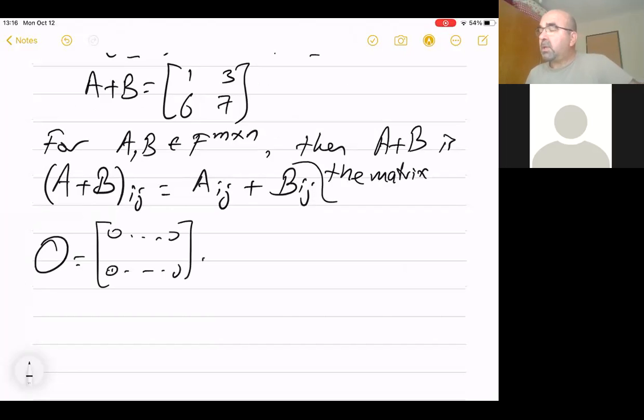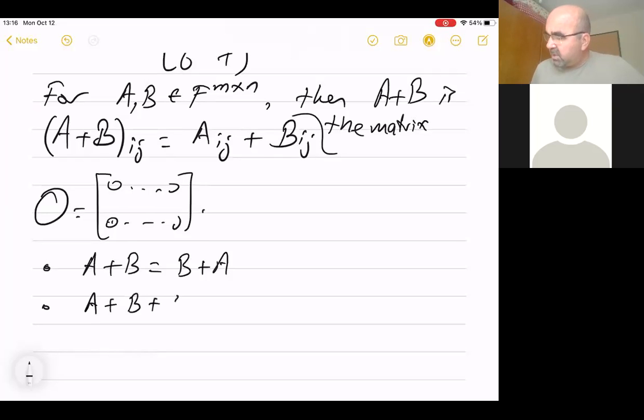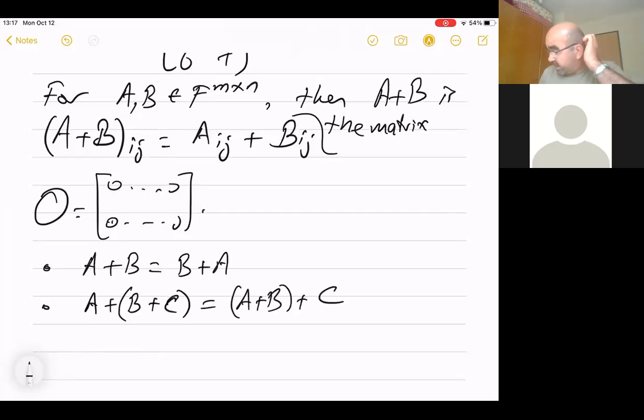If you add, you can check these properties. A plus B is the same thing as B plus A, so it is commutative. The reason is that our field is always commutative. When you are adding 3 matrices, we know how to add 2 of them, but in order to add 3 of them, first you can add B to C and then to A, which is the same thing as A plus B plus C, so you don't need to write parentheses.